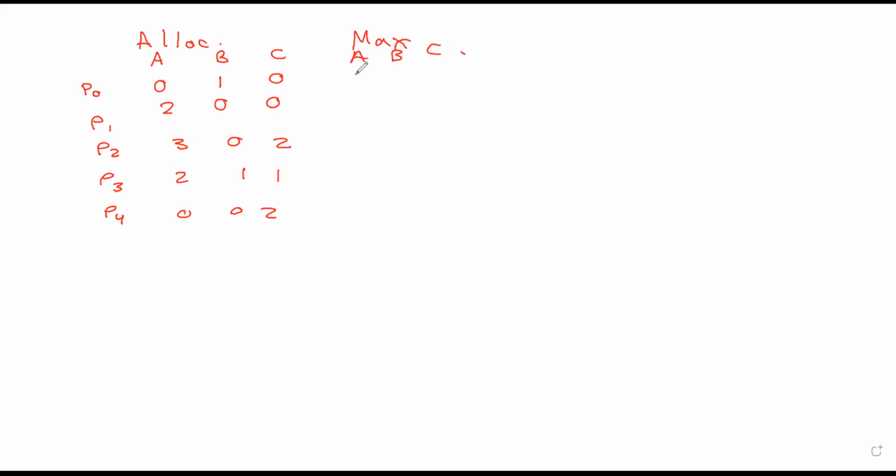And you get this matrix: 7, 5, 3, 3, 2, 2, 9, 0, 2, 2, 2, 2, and then 4, 3, 3. So here you have your allocation matrix, your maximum matrix, and the available resources of A, B, and C, which are 3, 3, 2.